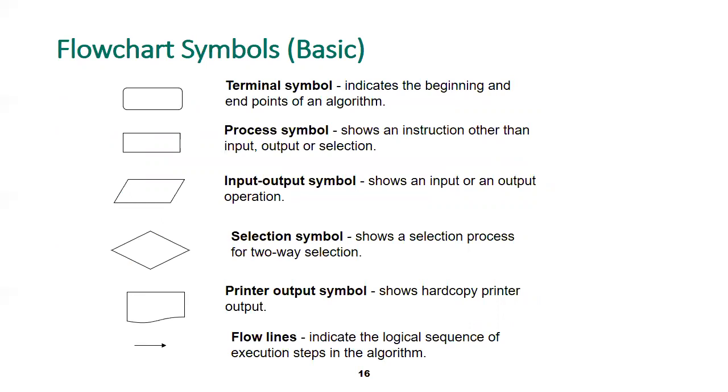Now, if you want to draw flowcharts, I would recommend that you go to draw.io, which will send you to another website. But on draw.io, you'll find that you can do lots of different types of diagrams. One of the diagrams you can do there is just choose flowcharts, and it'll give you all the symbols. You just click on the symbol and drag it onto the page, and then there are arrows.